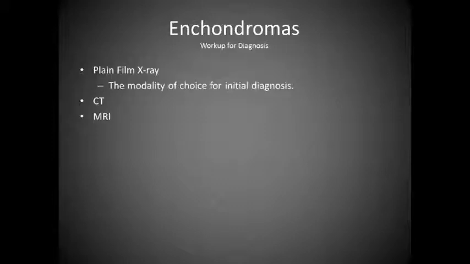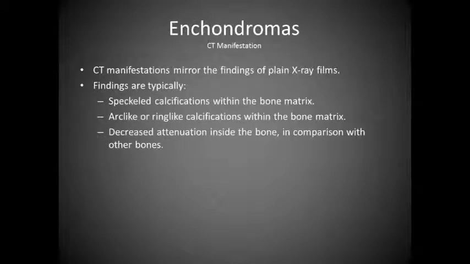Often, no symptoms are present until a fracture occurs at the site of the tumor. And once again, plain film X-ray is the modality of choice simply because it's readily available and can provide excellent initial diagnosis, whereas CT and MRI would take a greater amount of time, and not all facilities will be able to offer these services.